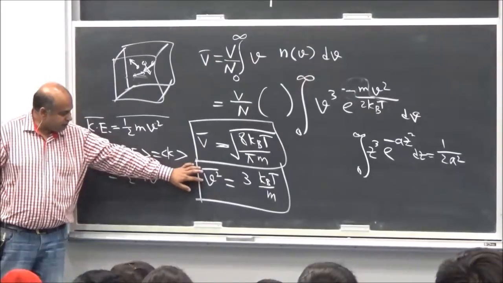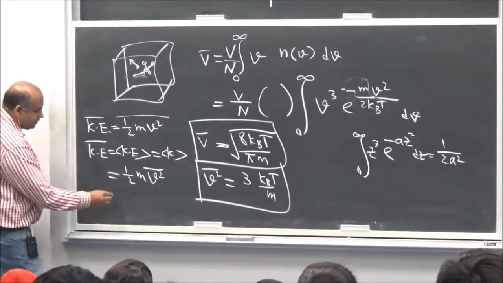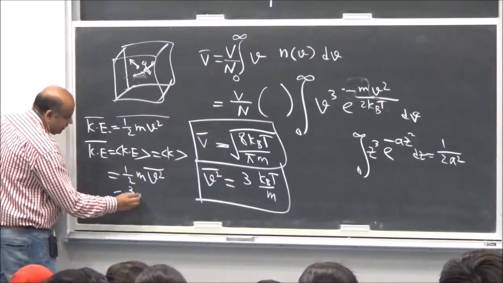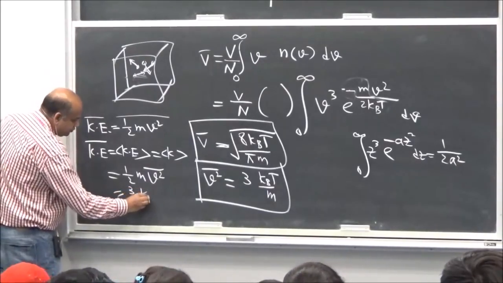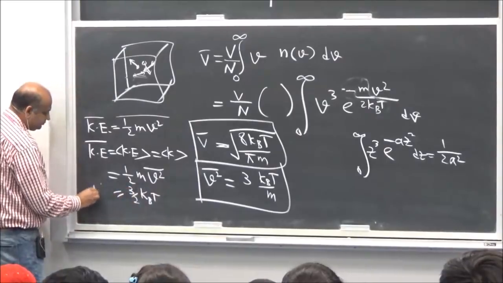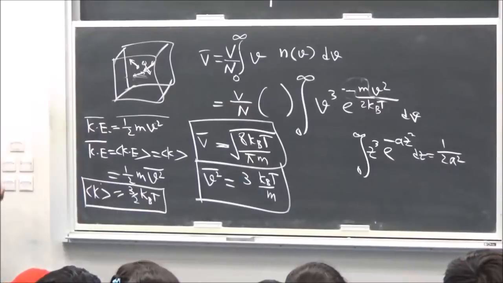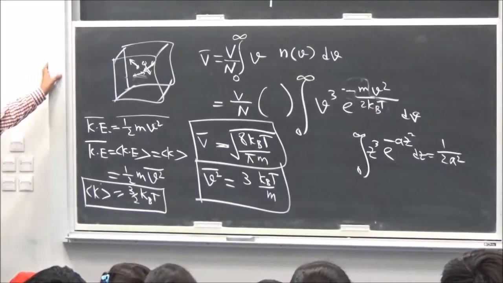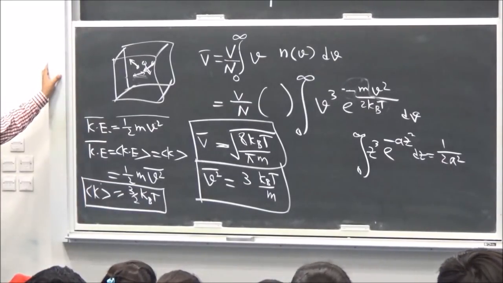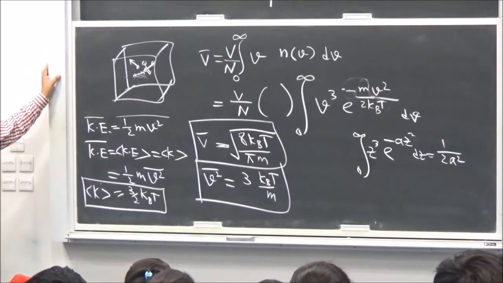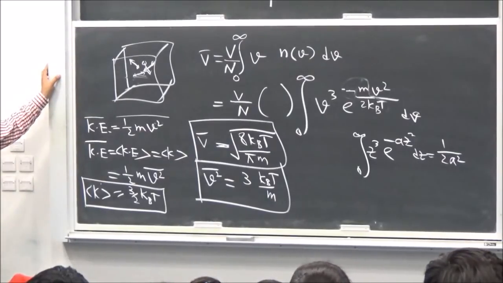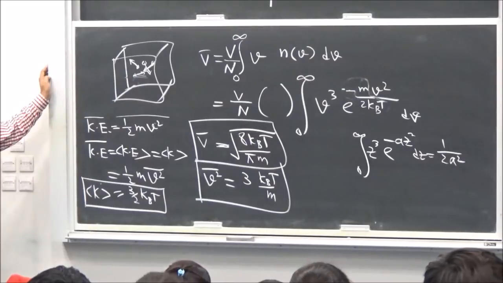So if I substitute this v square here, we get this 3 by 2 kbt. So average kinetic energy is 3 by 2 kbt in an ideal gas where particles are treated classically using Maxwell-Boltzmann distribution.